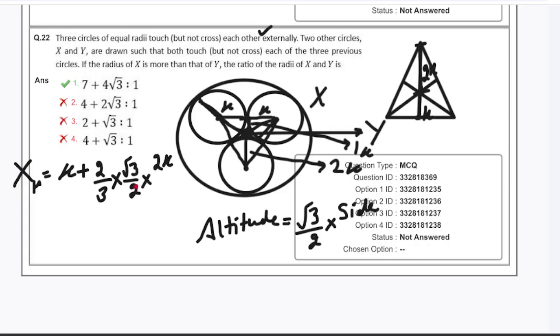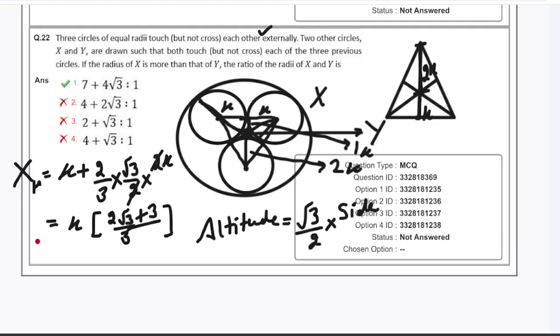So the 2 gets cancelled, and we get the radius as x common, 2 root 3 by 3 plus 1. Or we can also say it is 2 root 3 plus 3 by 3. Now this is the radius of the bigger circle.